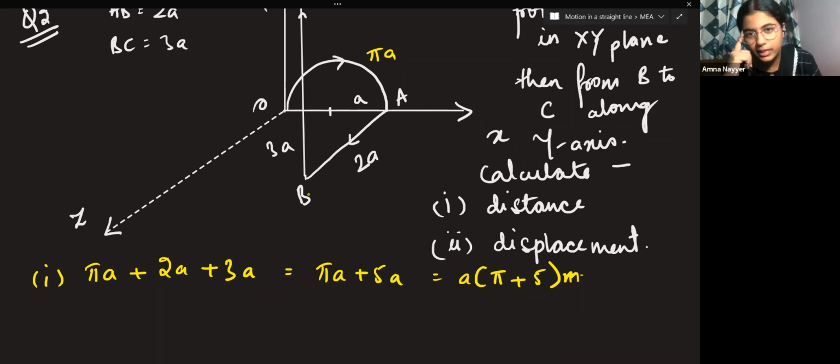Now, just one thing: since they are given in different planes, we have not discussed unit vectors right now. But keep in mind, for the x-axis it is i cap. We'll do unit vectors, we'll do vectors, the whole thing. Right now we cannot add displacements just like that, because displacements are vector quantities.